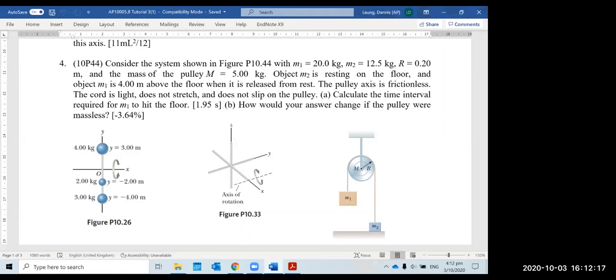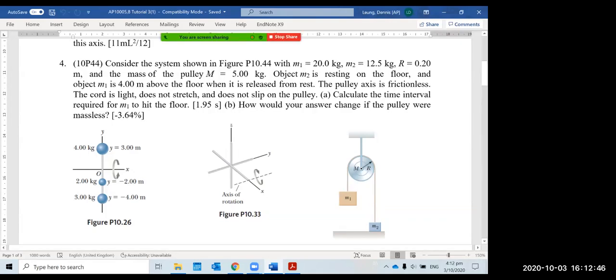At the same time, we could instead consider that there are different tensions in the string. Why do we need different tensions in the string? Because if you have a pulley that has a certain mass, and we want the pulley to rotate, then there must be a torque.